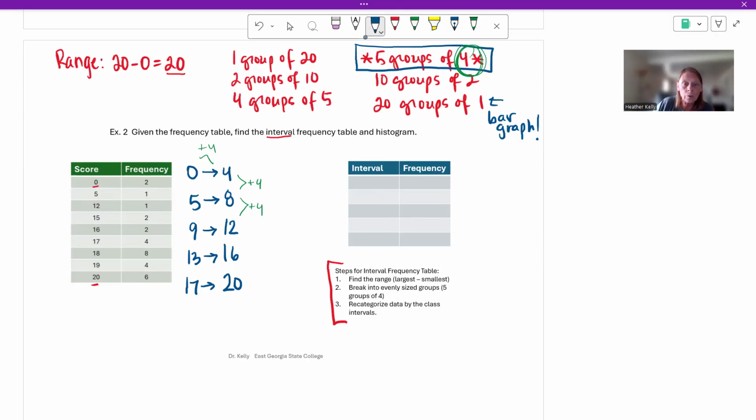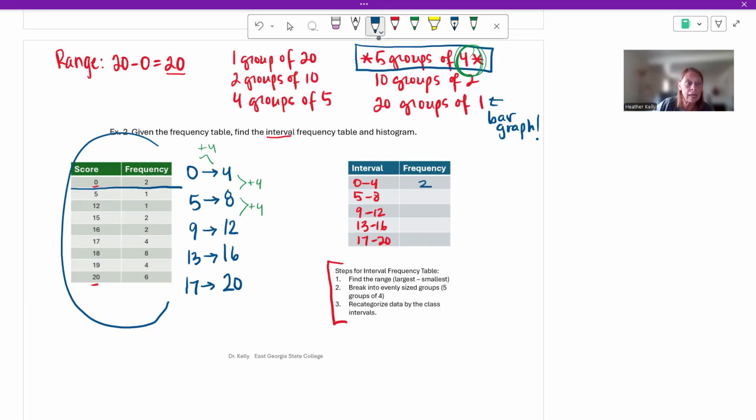Okay, so now I'm going to write in my intervals here. So we have the interval from 0 to 4, from 5 to 8, from 9 to 12, from 13 to 16, and from 17 to 20. And what we're going to do from there is we're going to decide from our frequency table how many are in each interval. So let's look from 0 to 4. That's going to be right here, and there's only 2.